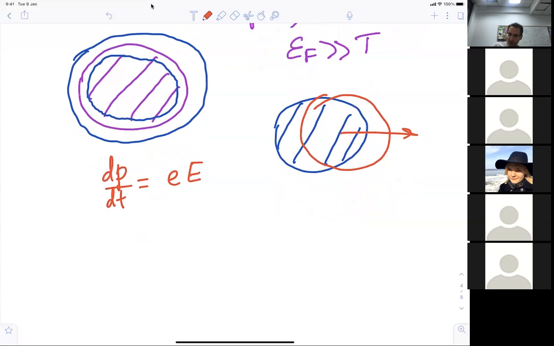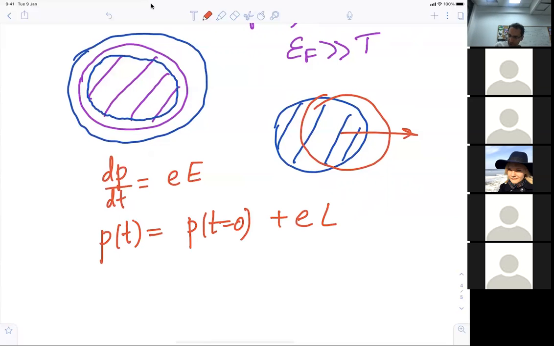That's the semiclassical equation of motion in the absence of any disorder. What is the solution of this equation? The solution, p as a function of t, is p at t equals 0 plus eE times t. t is time.